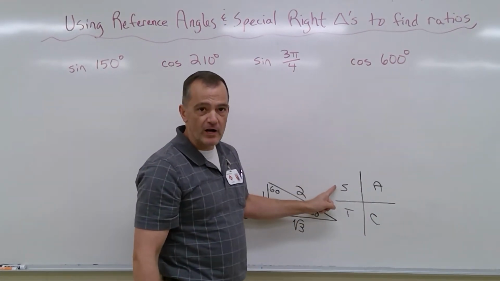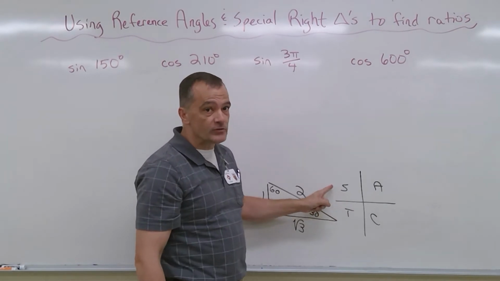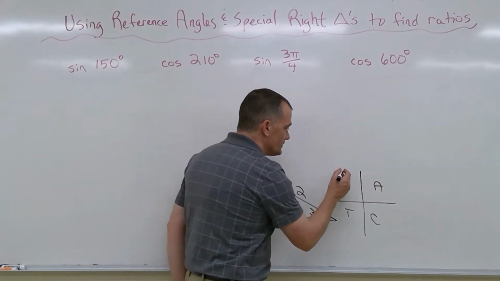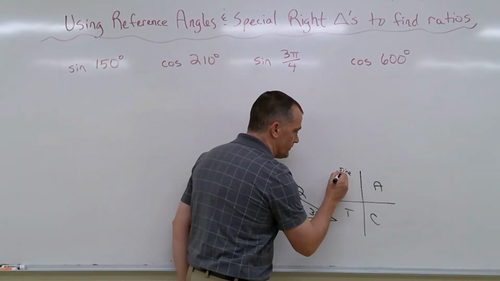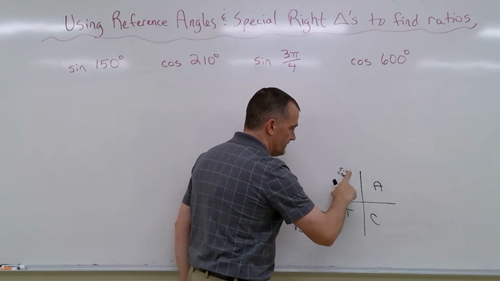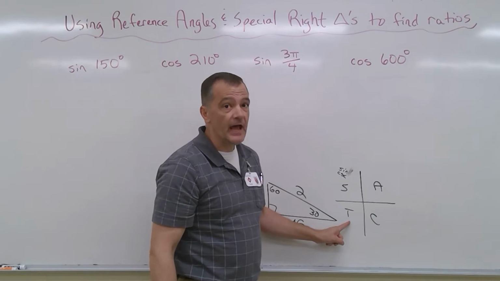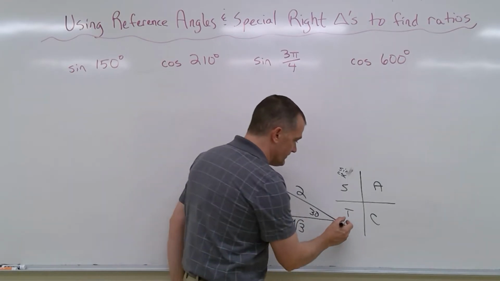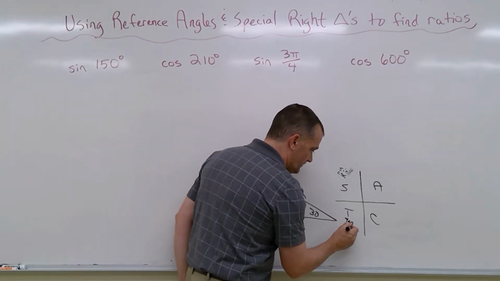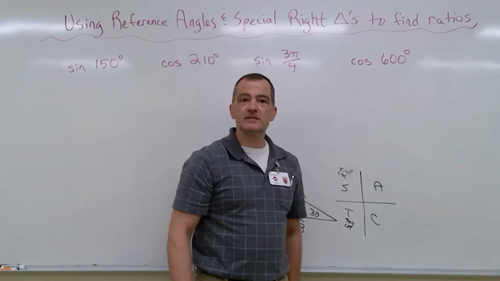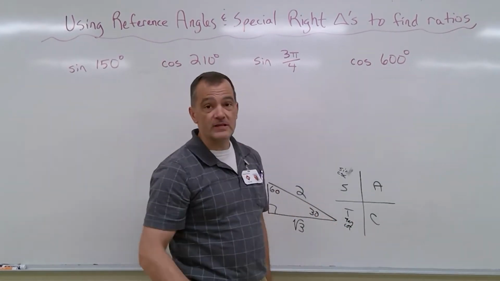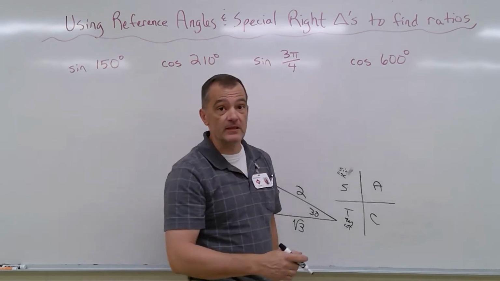And the second quadrant, only sine and its reciprocal cosecant will be positive. In the third quadrant, only tangent and its reciprocal cotangent will be positive. So tan and cotan. And last but not least, cosine. Only cosine and its reciprocal will be positive in the fourth quadrant.